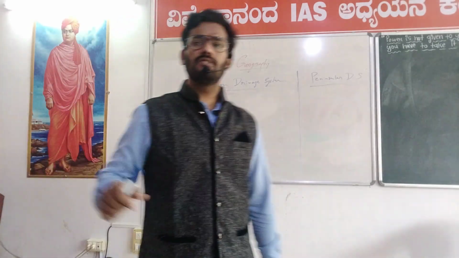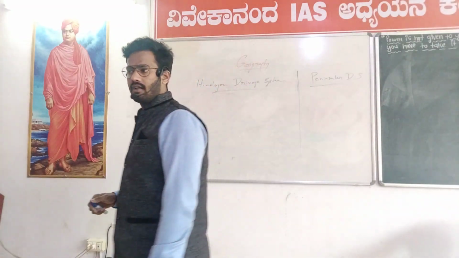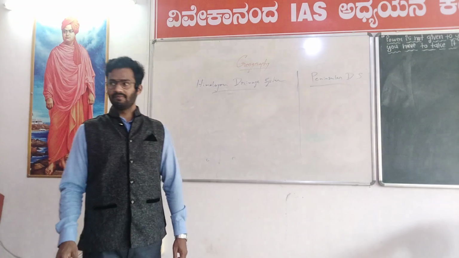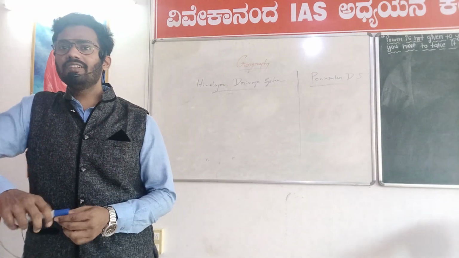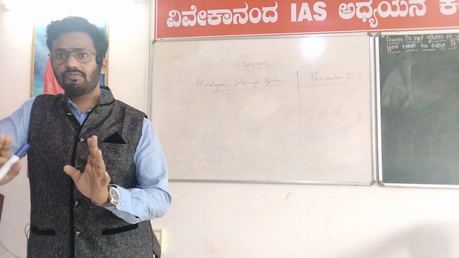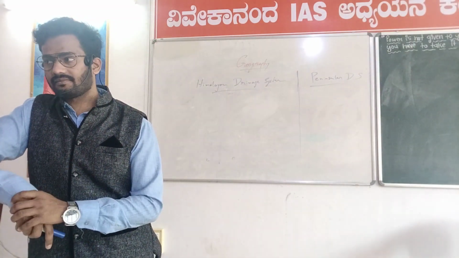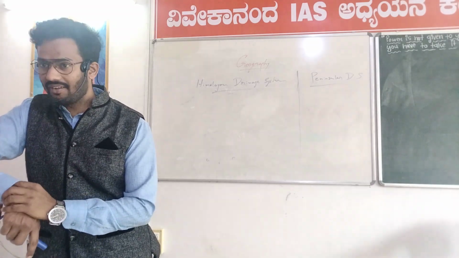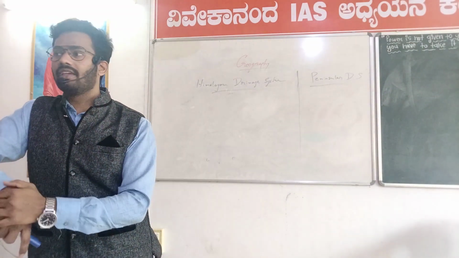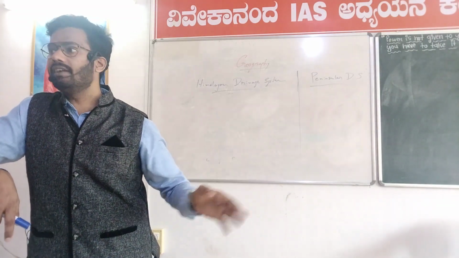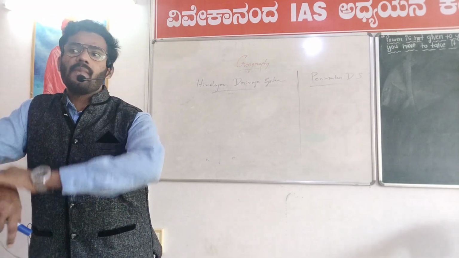Which one helps alluvial soil? The North Indian plain has alluvial soil because of the sediments of the river water, right? So which one is helpful for alluvial soil? Himalayan rivers. While flowing, they carry sediments and leave them in the northern plain, and drain into the Bay of Bengal.